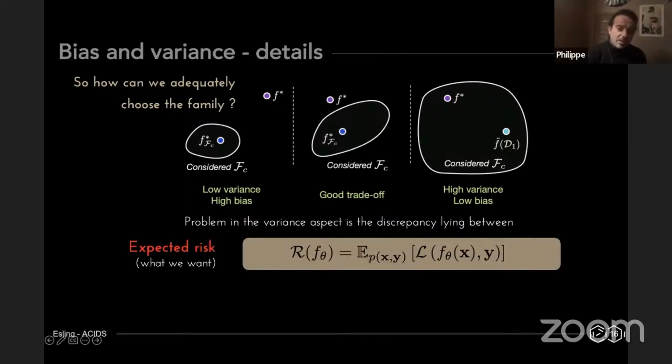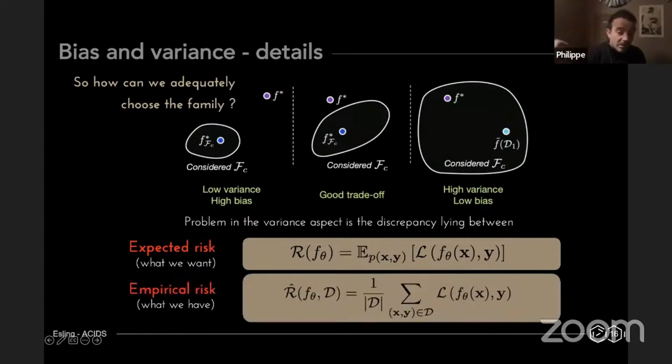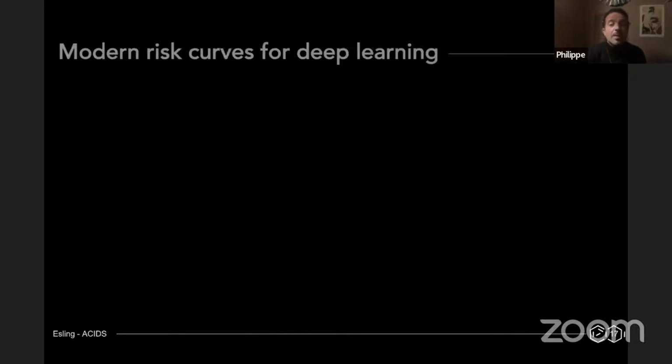So this, again, looks like a very complicated formula, but it's super simple. It means we're just trying to compute the mean of all the errors, but knowing all the points in the universe. So this means we are trying to regularize on something we don't really know. So what we can only do is just take points. Instead of every point in the universe, we just take discrete points. And so that's why we are losing the best function that we could have.